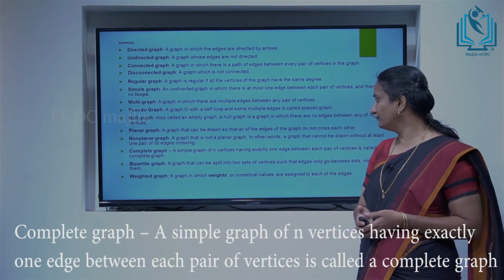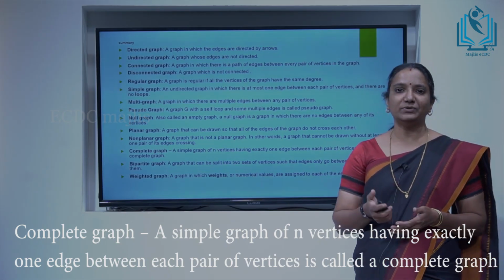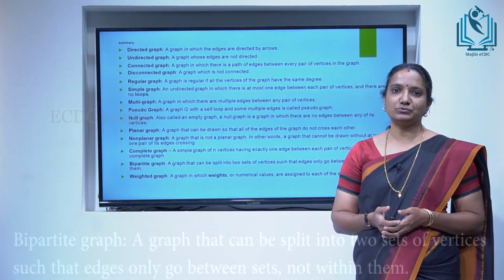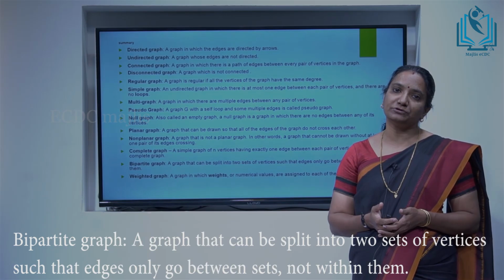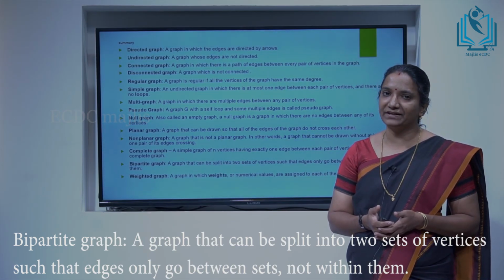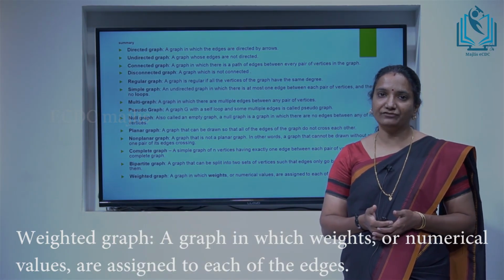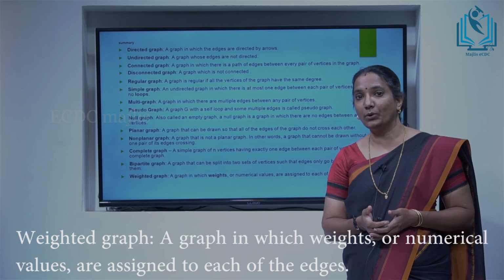A simple graph of n vertices having exactly one edge between each pair of vertices is called a complete graph. Next, bipartite graph. A graph that can be split into two disjoint sets is called a bipartite graph. Last, weighted graph. A graph in which each edge is labeled with a numeric value or weight is called a weighted graph.